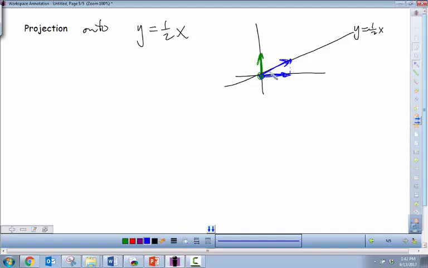So this is the new vector that I want for 1, 0. So the T of 1, 0 has to go to this new vector over here. Can you tell me what the x value is of this T? 1. Well, what's the y value of this T? Half?